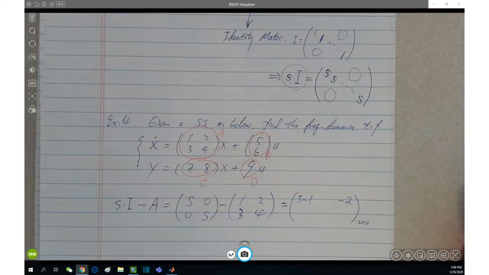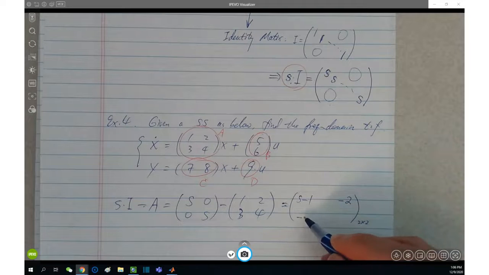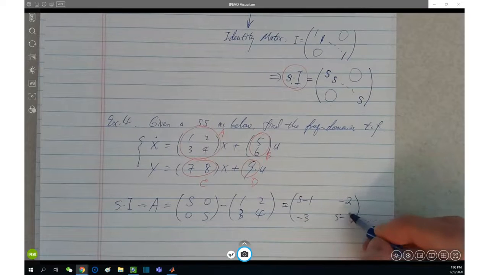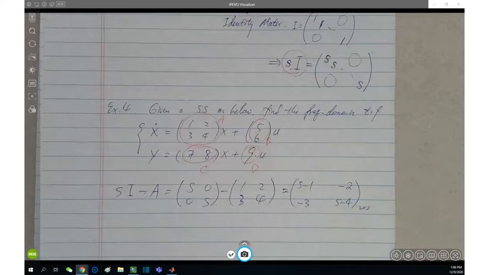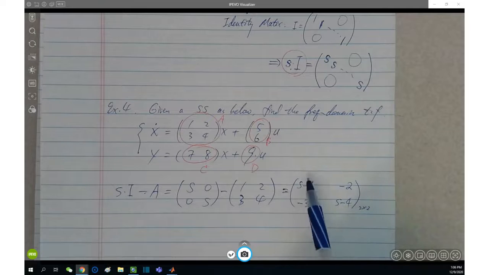The entry here is minus 3. The entry here is S minus 4. They're very straightforward. You have two matrices with exactly the same dimension, so the resultant matrix has the same dimension as them, and each entry is just the subtraction between the two matrices. So, element-wise subtraction.